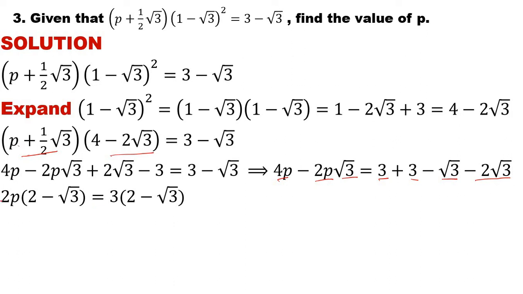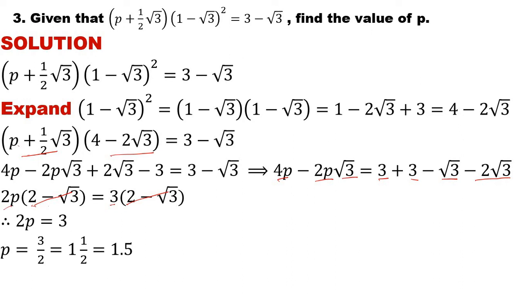So we are having 2p(2 minus root 3) equals 3(2 minus root 3). So this will cancel, and I have 2p to be equal to 3. That gives us p to be 3 over 2, which is 1.5.